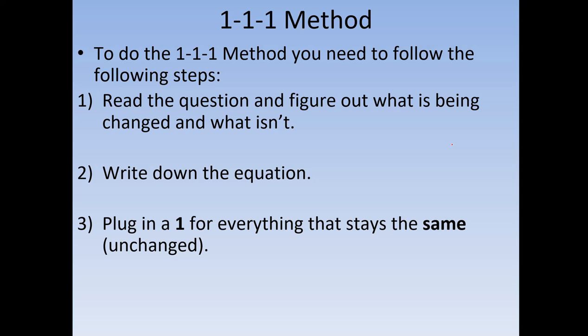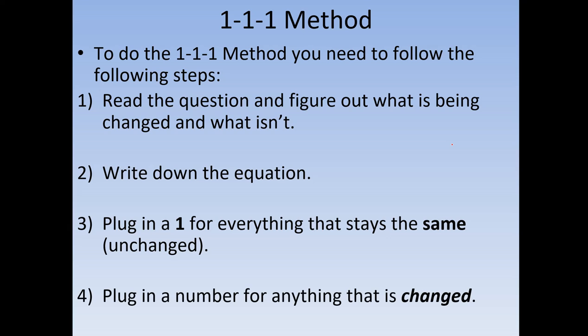So putting in a 1 means that that variable, that number, was unchanged. And then whatever did get changed, you would plug a number in to represent what the factor is. So if they say that something was doubled, you would put in a 2 because it's 2 times the number. Tripled is 3, quartered is 1/4, and so on and so on.